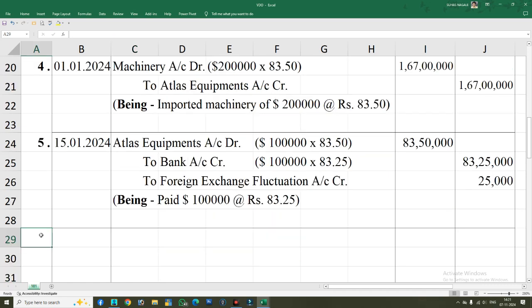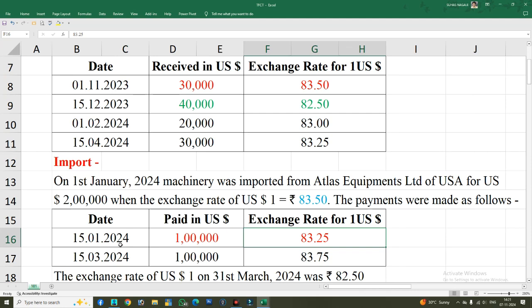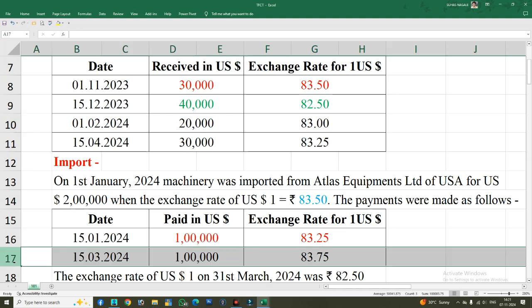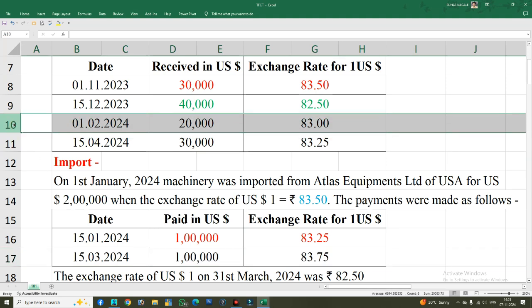Now next entry number 6. Again we have to check the sequence of dates. Next import transaction is 15th March 2024, but here is the next export transaction on 1st February 2024.